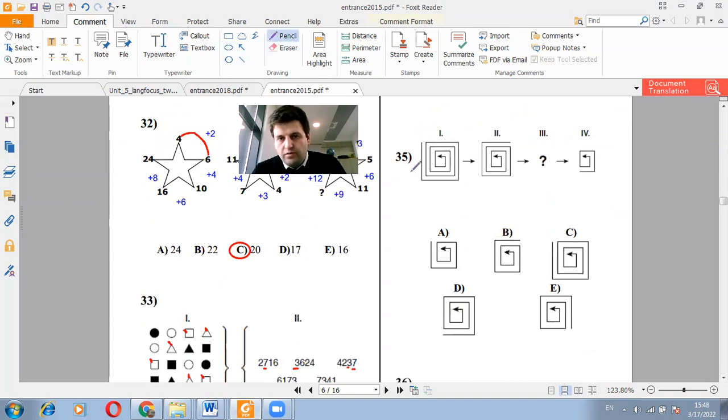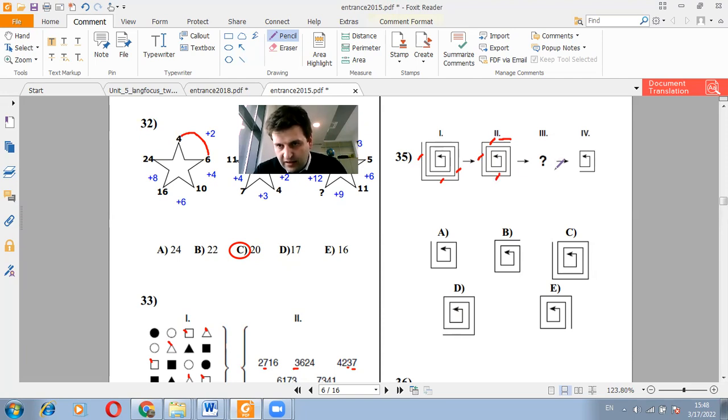Question 35. You have a shape and it changes constantly. At number 2, it has this shape. You see there is a decrease in the lines, and from first to second, these 3 lines are deleted. So the second one starts from here. Then at the end, it has even fewer lines. If that's the logic, we should delete these 3 sides.